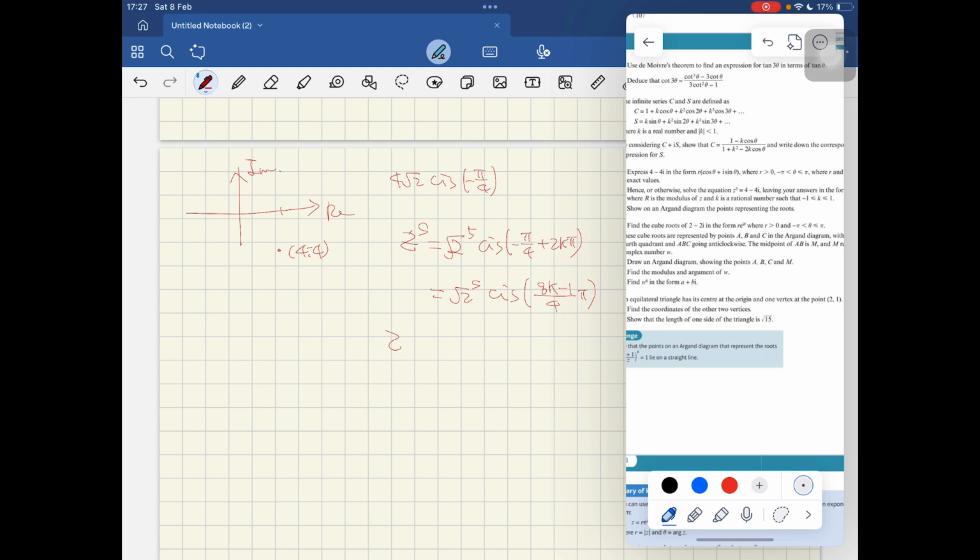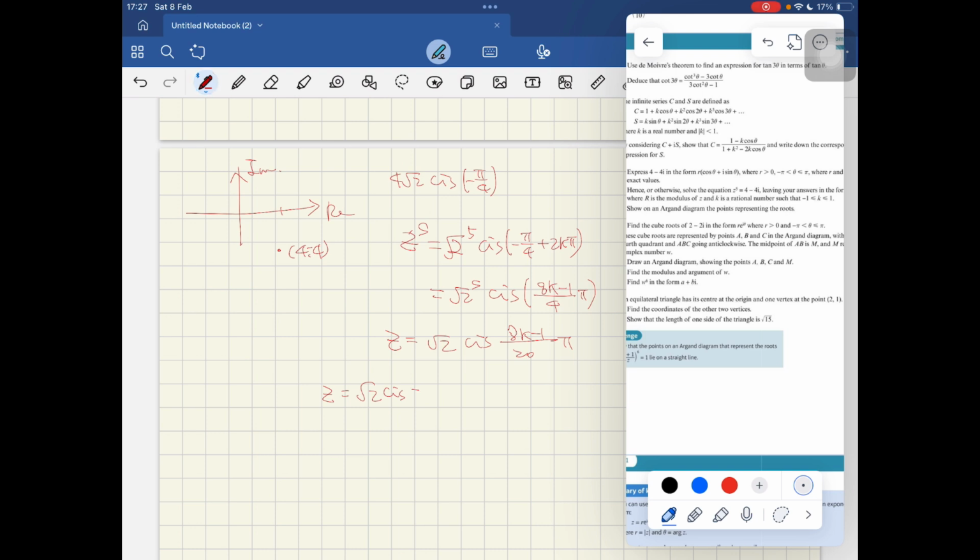So z becomes square root 2 cis (8k minus 1) pi over 20. So the answer should be 5 roots.